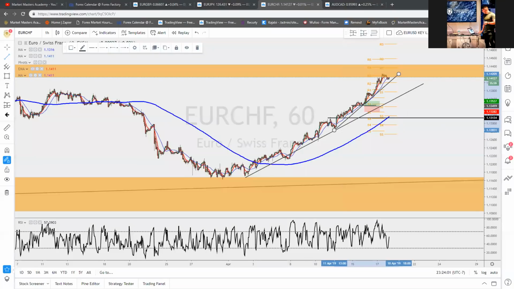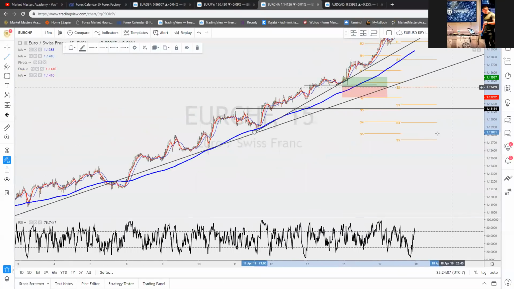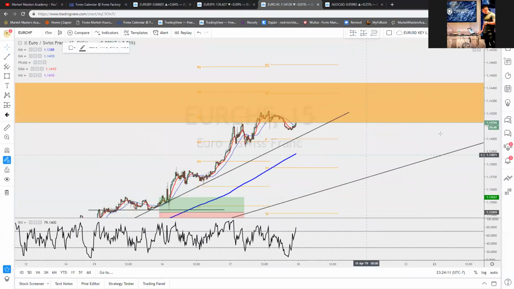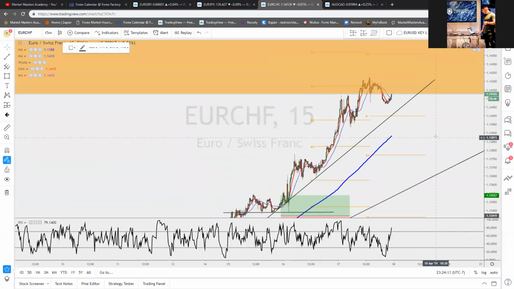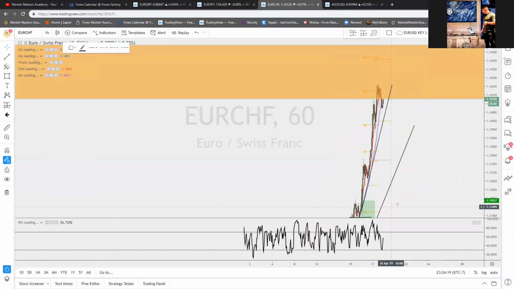All right, one sec, you guys. Okay, so looking at the 15 here on Euro CHF. Actually, go back to the hour and see what's happening.